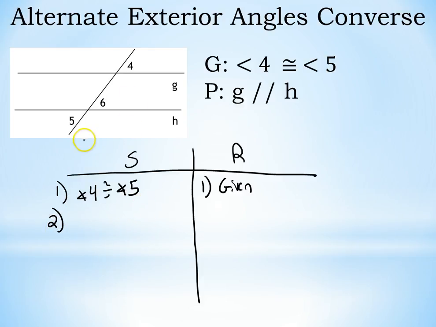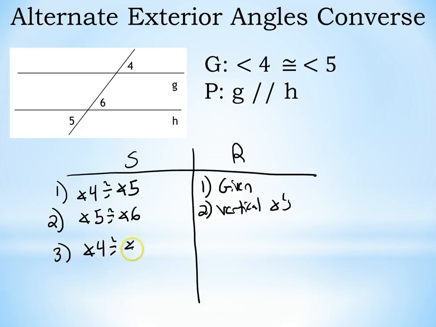So, 4 and 5 are both congruent. Well, we also know that 5 and 6 are congruent, because they are vertical angles. Now, since angle 5 is equal to both 4 and 6, 4 must also equal 6 because of our substitution property.